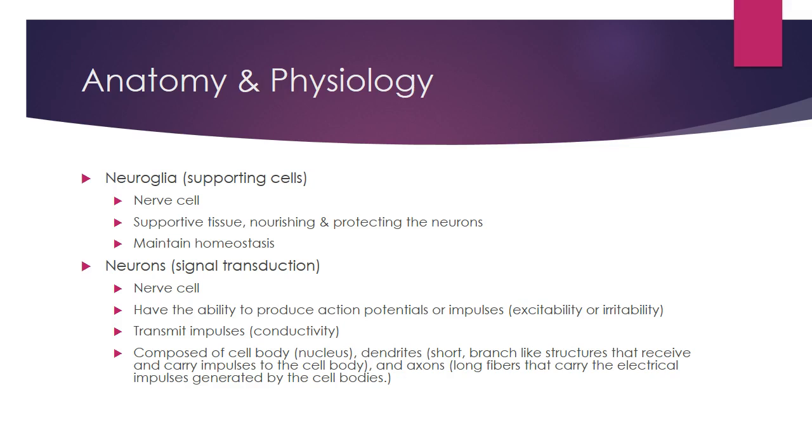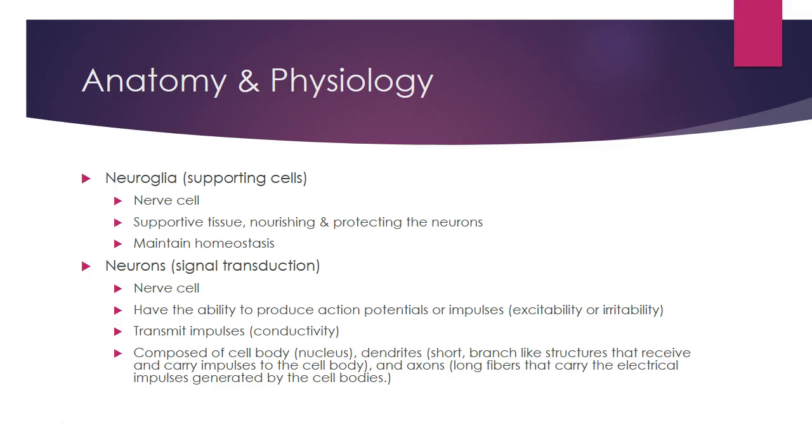Then we have neurons, and neurons are basically our signal transduction. So take the example of the burning finger: the neurons are what's traveling up to the brain and traveling down from the brain to say, hey, it's burning. They are a nerve cell. They have the ability to produce action potentials or impulses.